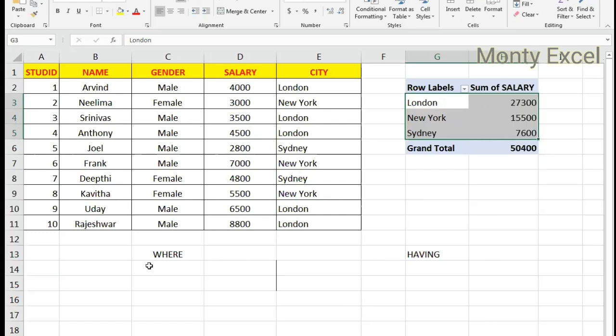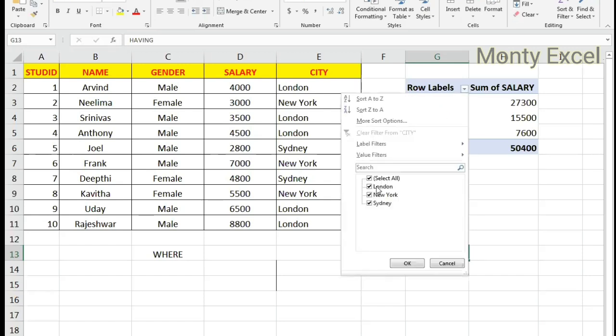Having is also like a where condition, but having will filter on your summarized data. If I am using here where city equal to London, you know how the data is going to look. But if I say having city equal to London, that means on this summarized version of the data you'll get an output like this.